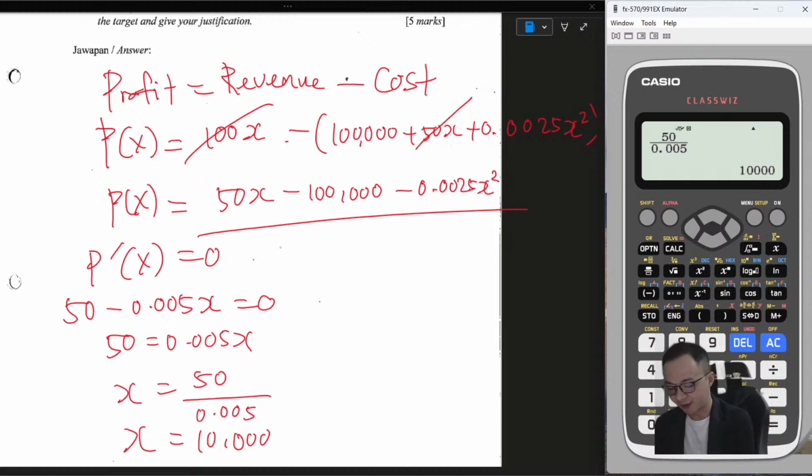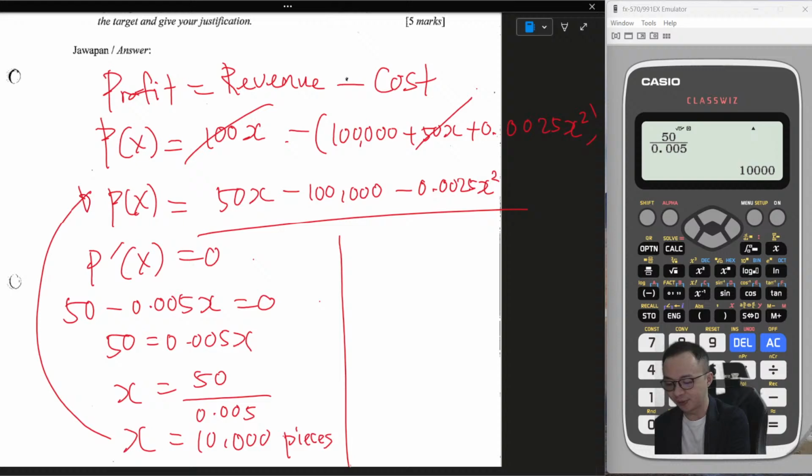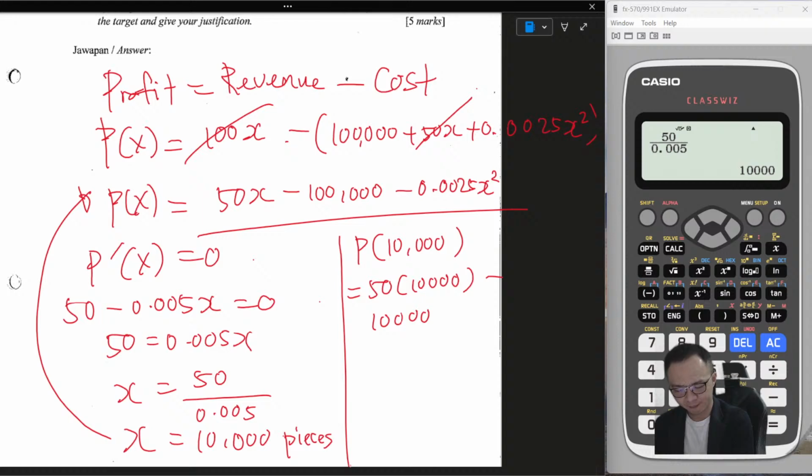Yeah, it's 10,000. That means if it's selling 10,000 pieces of shirt, this is where the factory gets the maximum profit. So I want to know how much this is, so I will substitute into the equation. So P(10,000) equals 50 times 10,000 minus 100,000 minus 0.0025 times 10,000 squared.